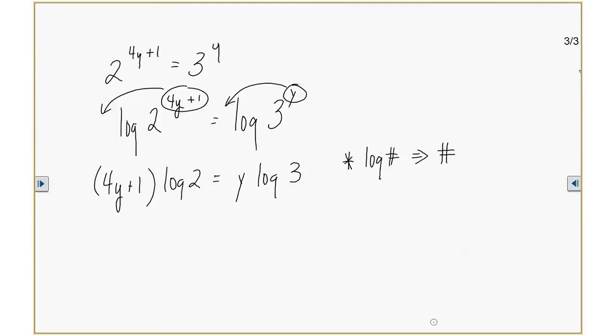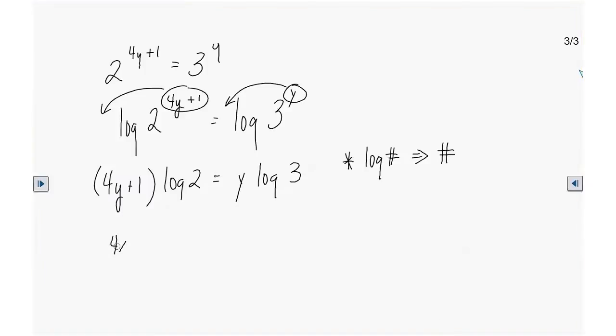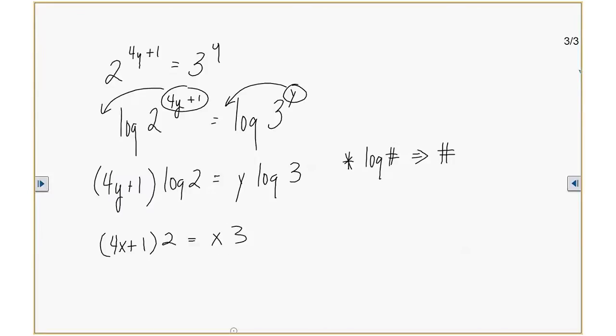Okay, so if I take you back to pre-algebra and I change this to 4x plus 1 times 2 is equal to x times 3, you'll say, okay, that's 2 times 4x plus 1 is equal to what?